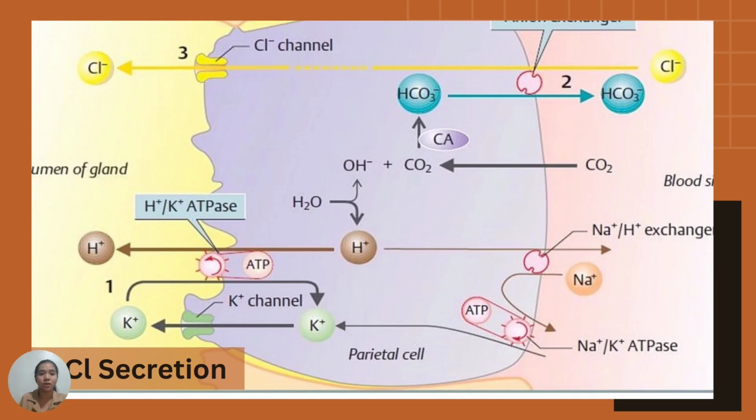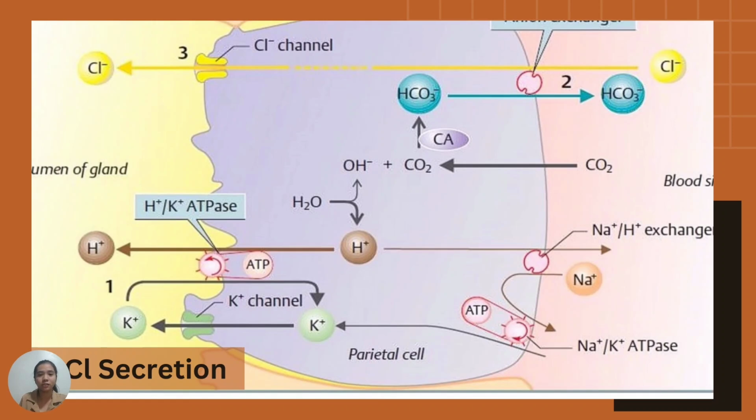This is the representation of how hydrochloric acid secretion works. On the right side, there is the bloodstream. In the middle is the parietal cell of the gastric glands. On the left side is the lumen, where the production of hydrochloric acid takes place.